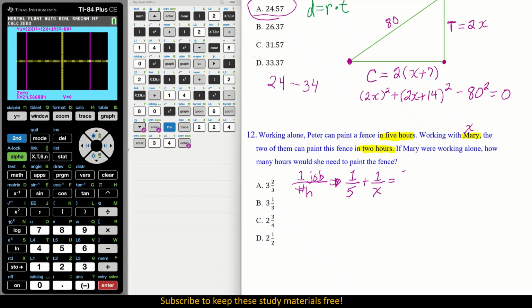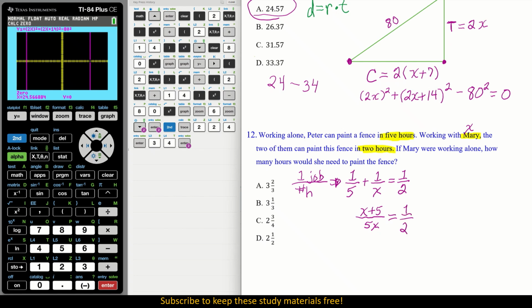But then together they're 1 over 2. All right, so with some quick solving, just as we did in other videos, our denominator on the left side, we're working with the expression on the left, that will be 5x, and our numerator is x plus 5. So our right side stays the same with a half.